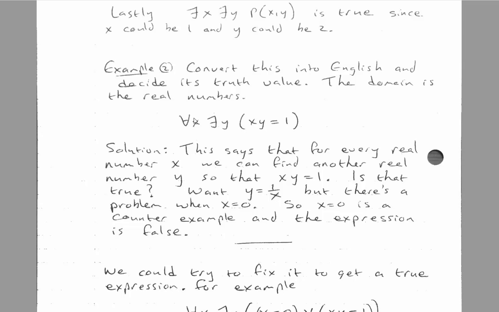This is supposed to work for every real number x, but there's a problem when x is 0. 0 times what equals 1? There does not exist a number so that 0 times it equals 1. So this is almost true, but you just need one counterexample to make it false. So this is false.